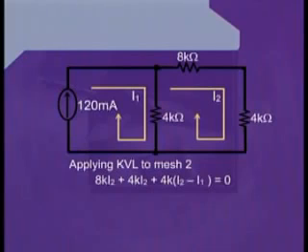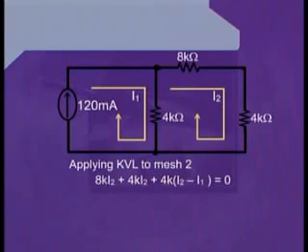Since we have assumed that the current I2 is flowing through mesh 2, in terms of product of resistance and current, we can write the voltage expression for the 8 kilo ohm resistance as 8K I2. We pass through the 8 kilo ohm resistance to reach the edge of the 4 kilo ohm resistance. Therefore, we will write plus 4K into I2.